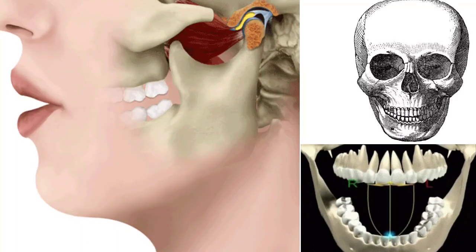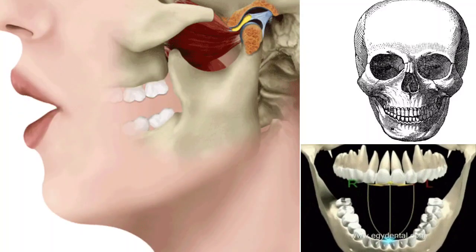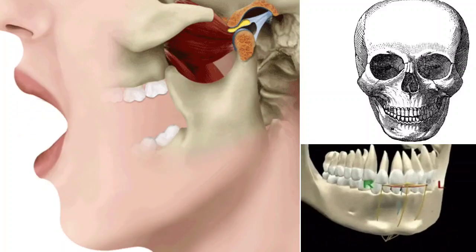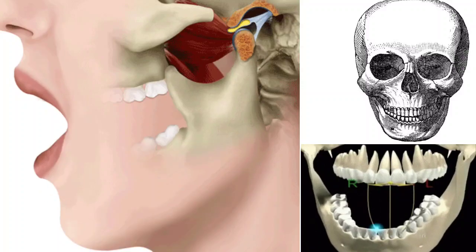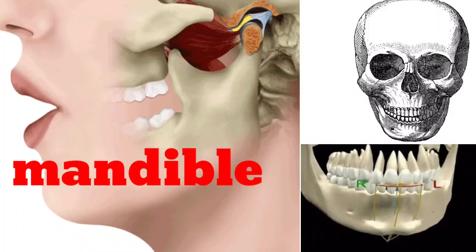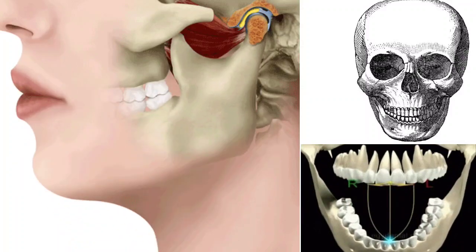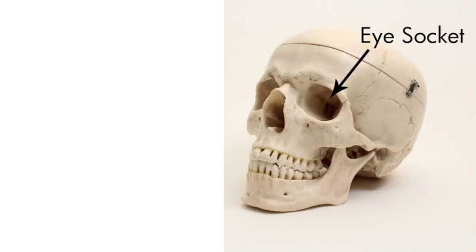The lower jaw is the only movable part of the skull that helps us to talk, eat or yawn. The lower jaw is also known as the mandible. The skull also has eye sockets which protect our eyes.